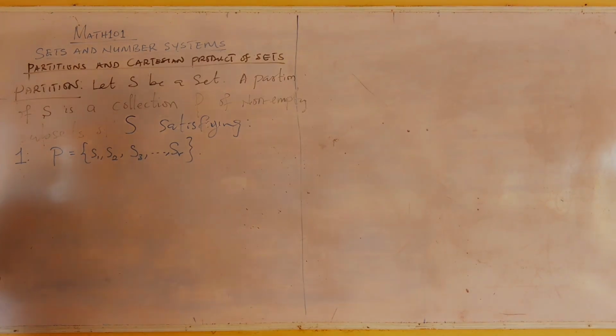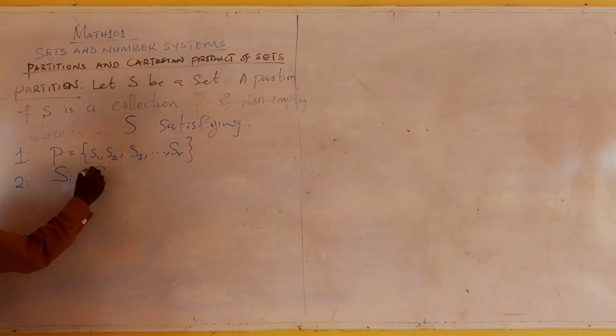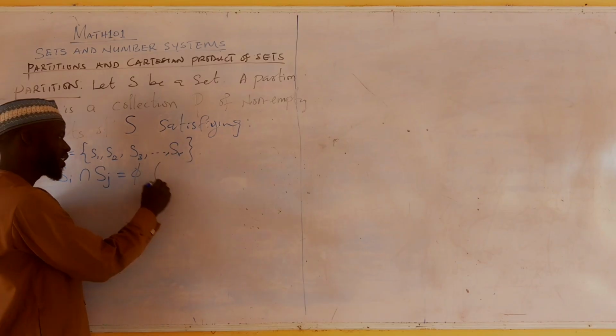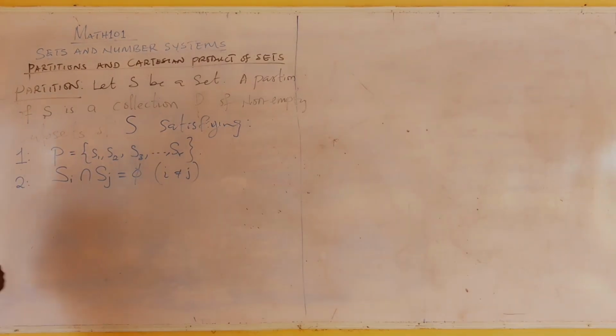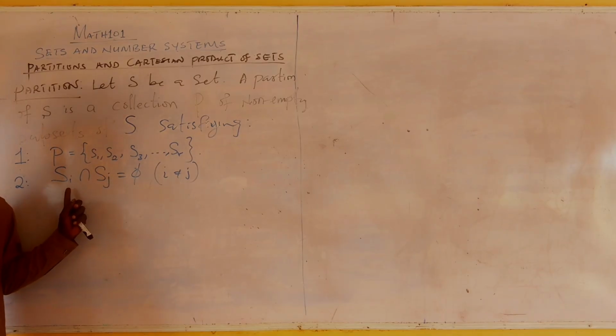Two, that S_i intersection S_j is equal to empty, where i is not equal to j. Two distinct sets are pairwise disjoint.